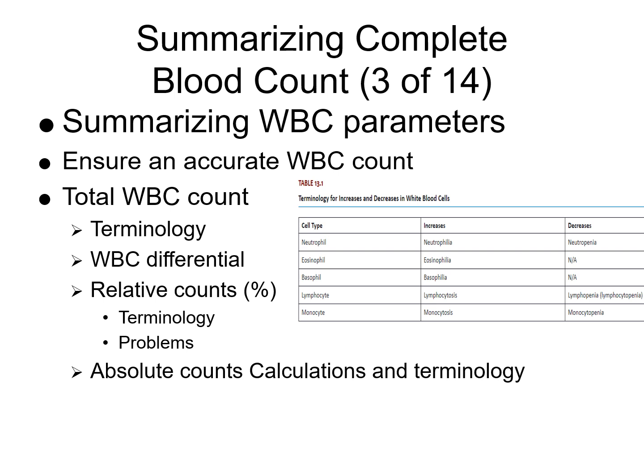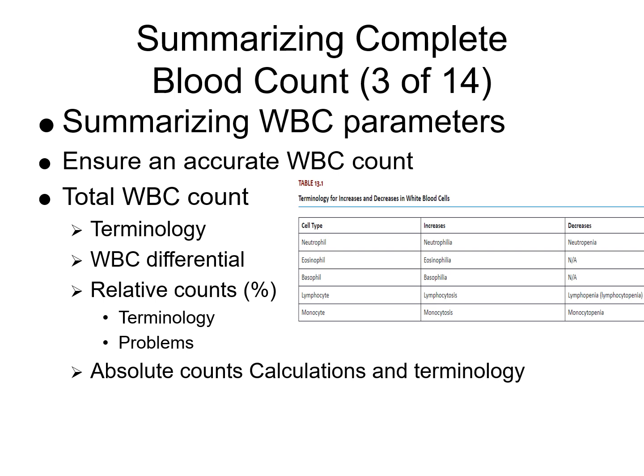Absolute counts are the actual number of each white blood cell type per microliter of blood, calculated by multiplying the total white blood cell count by the relative percentage. Some problems we can run into: issues such as clumping, inadequate smearing, or instrument limitations may affect the accuracy of the white blood cell count and differentials.